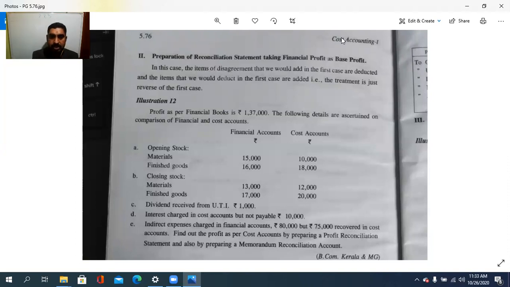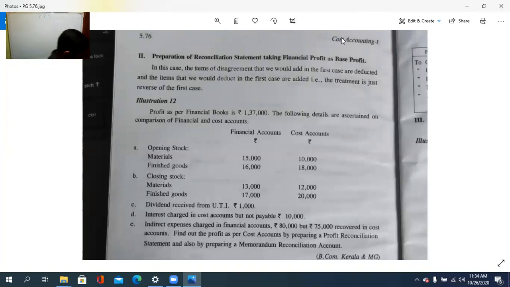Dividend received from UTI 1000. Interest charged in cost accounts but not payable 10,000. Indirect expenses charged in financial accounts 80,000 but 75,000 recovered in cost accounts. So find out the profit as per the cost books or cost accounts by preparing the PRS, profit reconciliation statement, and also by preparing a memorandum reconciliation account.